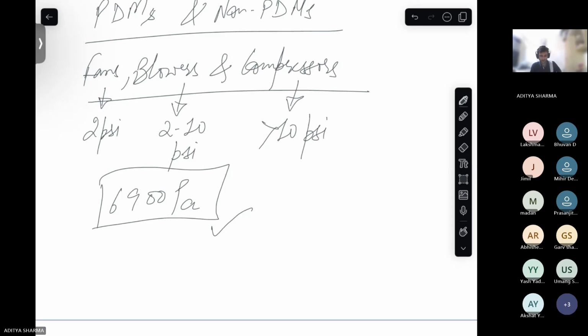PSI basically is a British unit, not an SI unit. So this is how you differentiate between fan, blower, and compressor. The fundamental is the same, that you are increasing the pressure.